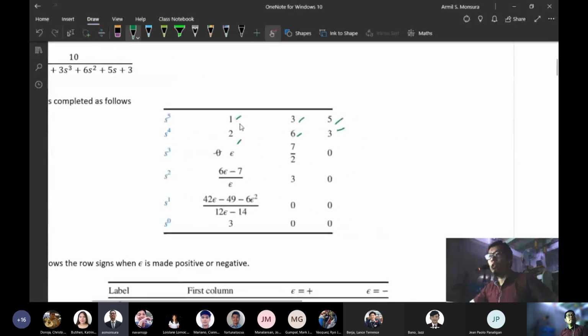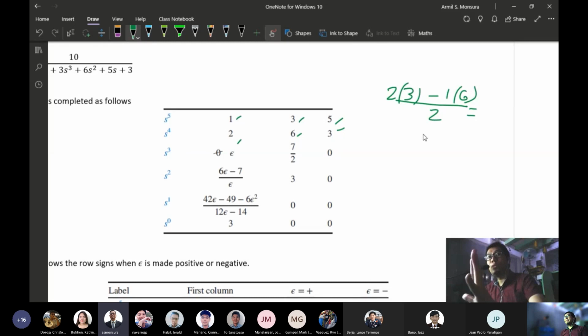Now, evaluating ito, we will have 2 times 3, minus 1 times 6, divided by 2. So this is 6 minus 6 over 2, that's 0.